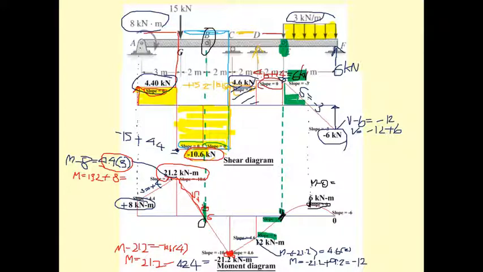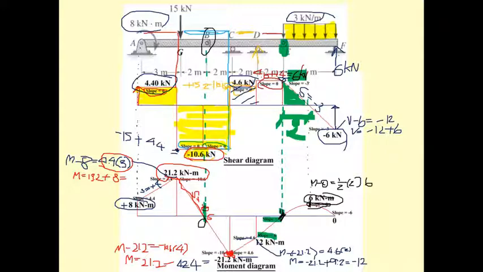The area here is 1/2 of 6 times this distance of 2, so you get 1/2 of 2 times 6, which is 6 kilonewton meter.